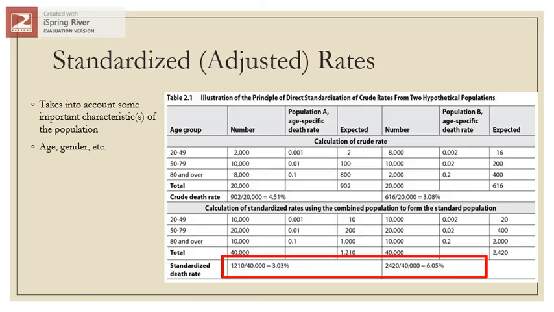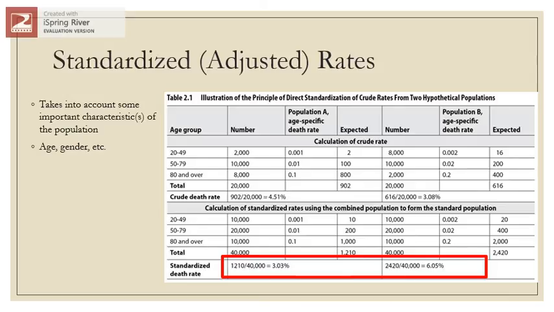But here, if you calculate a standardized death rate for population A, you get about 3%. Up here, same population, the crude death rate was 4.5%, the standardized death rate is 3%. In population B, the crude death rate was 3%, but the standardized one was 6%.